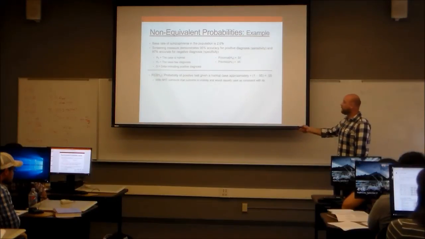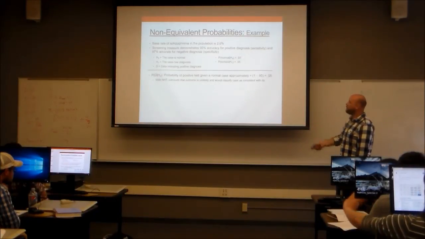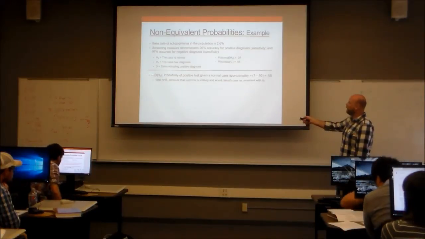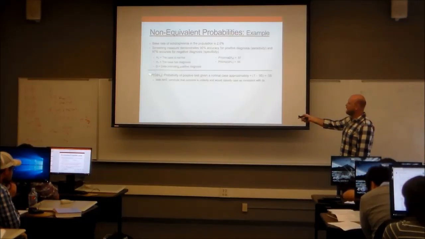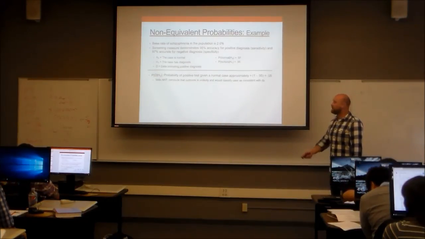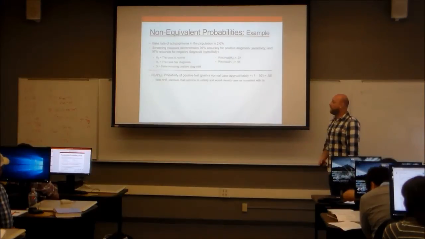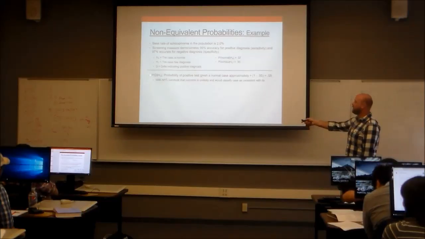So, if we want to go through and ask, what's the probability of a positive diagnosis, right? What's the probability of our test saying a positive diagnosis if an individual actually doesn't have the diagnosis? So what's the probability of a positive test given that the case is normal?